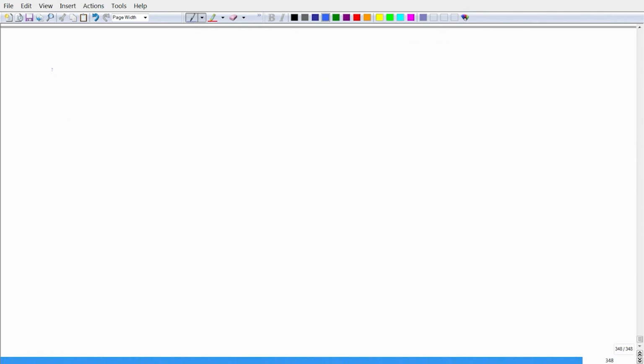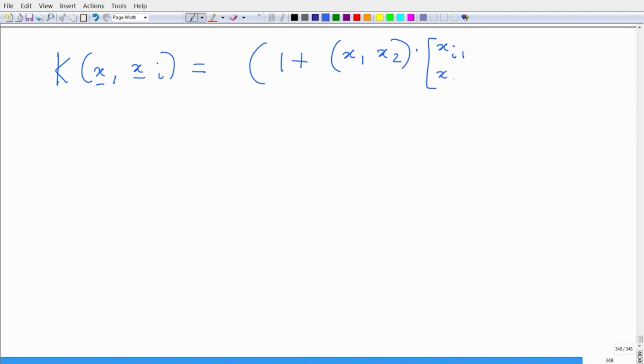Now I can compute this kernel k of x comma xi. So what I have to do is 1 plus [x1 x2] multiplied by [xi1 xi2], and this happens to be a scalar, and then I raise it to the power 2.